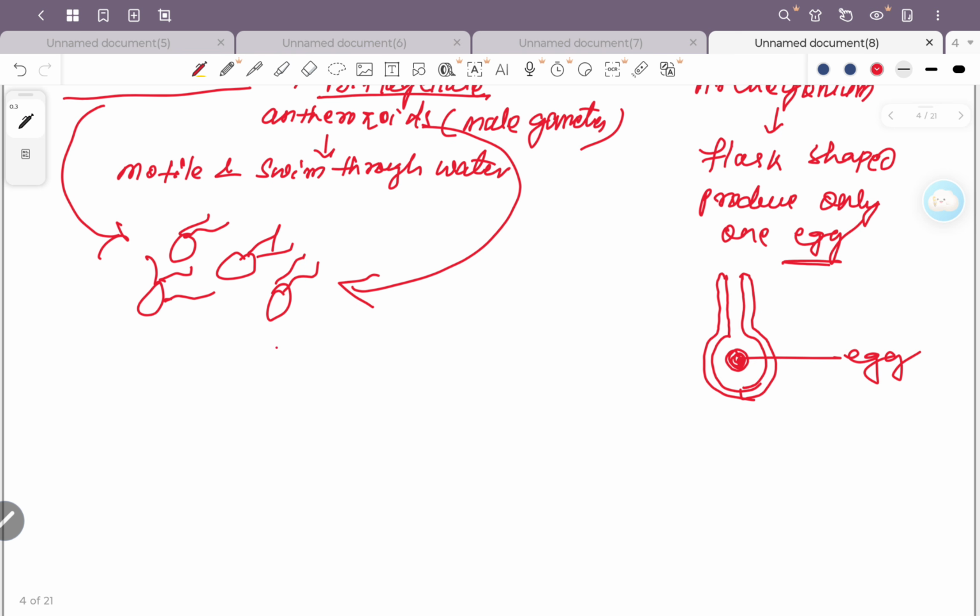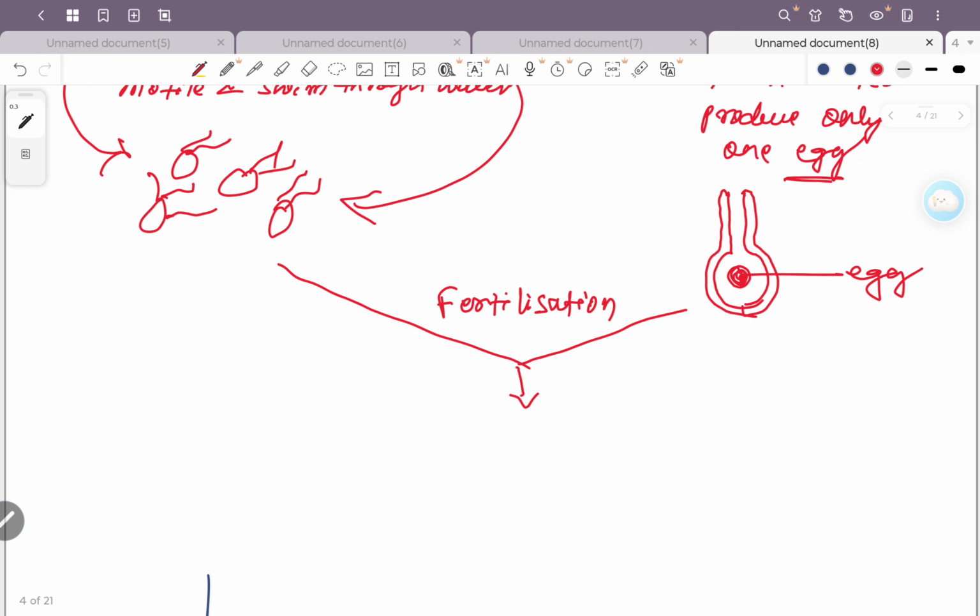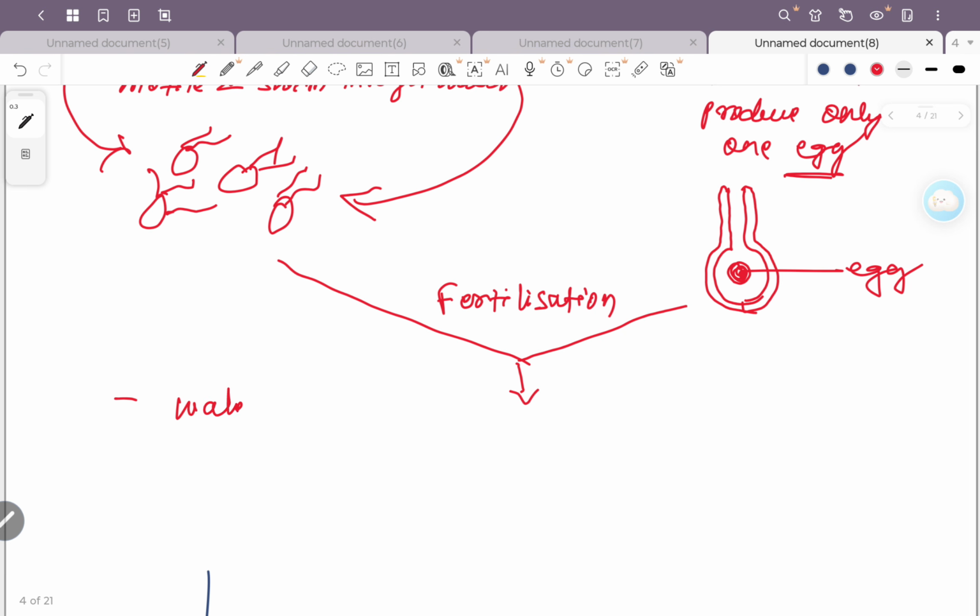Now both of them are fused during fertilization. So during fertilization, what happens? A few important points you have to remember. Water carries the antherozoids.